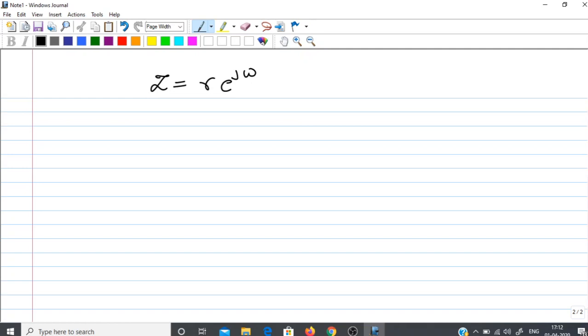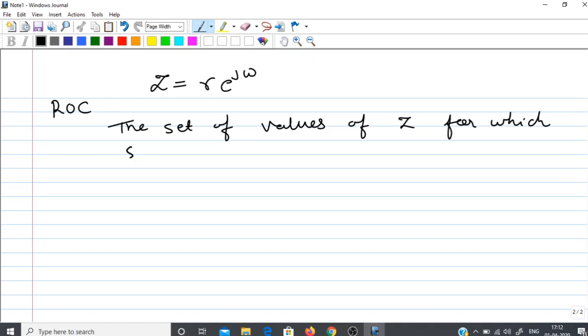The ROC of X(z) can be defined as the set of values of z for which the series X(z) converges.